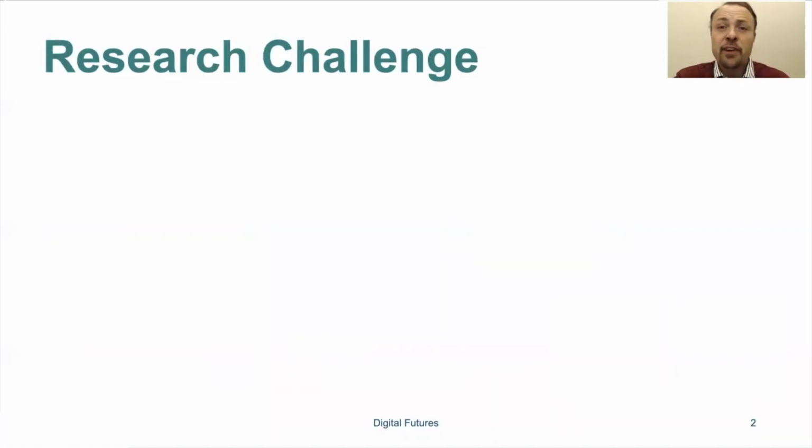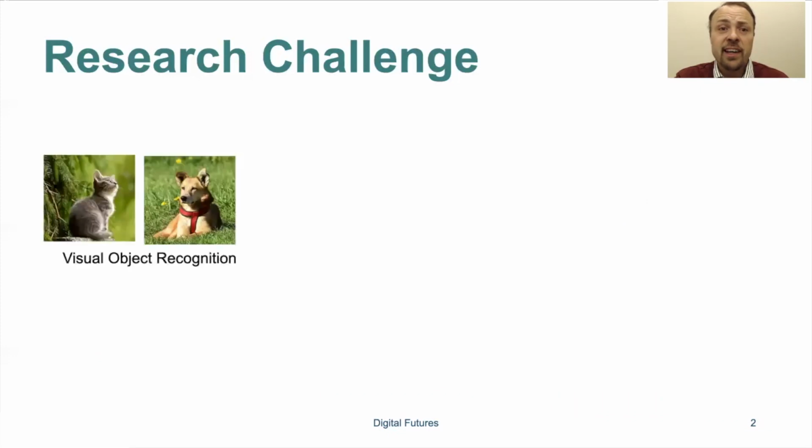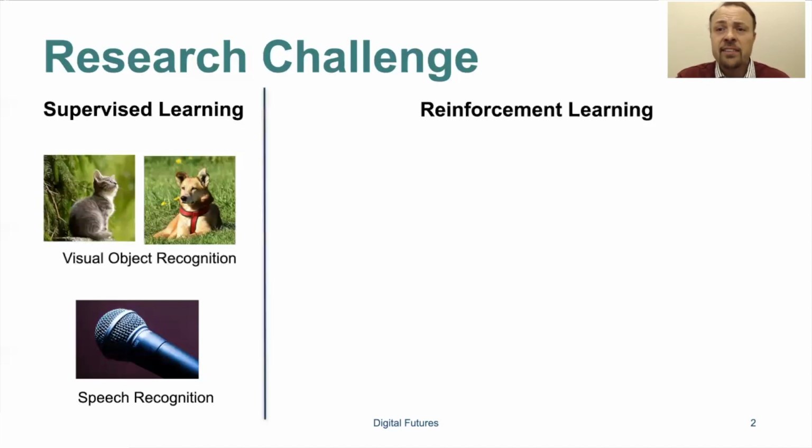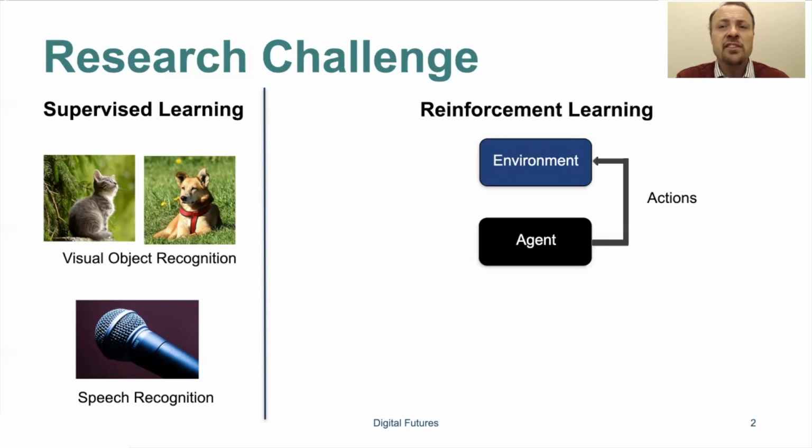Machine learning has been very successful in today's society, especially in areas such as visual object recognition or speech recognition. These are forms of supervised learning. Another area is reinforcement learning, where you have an environment and an agent, and the agent performs different actions on the environment.